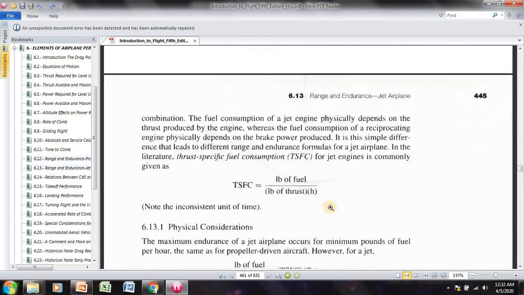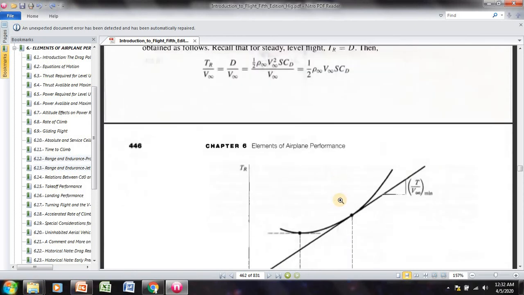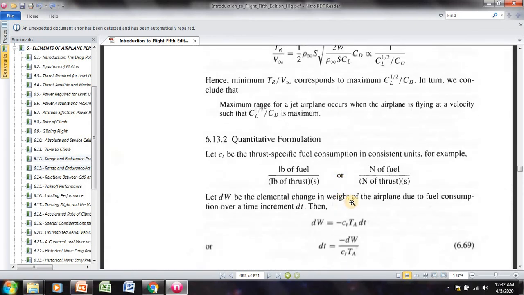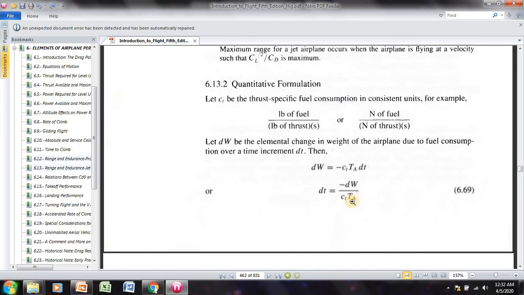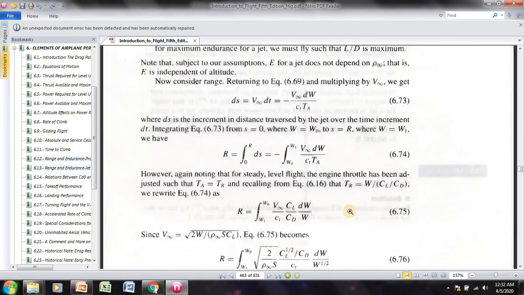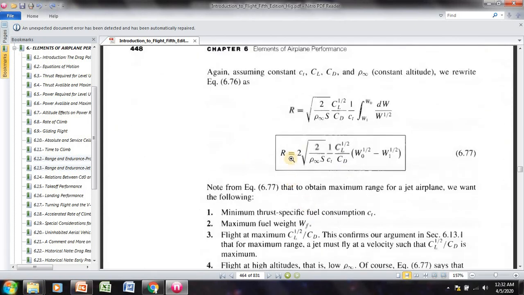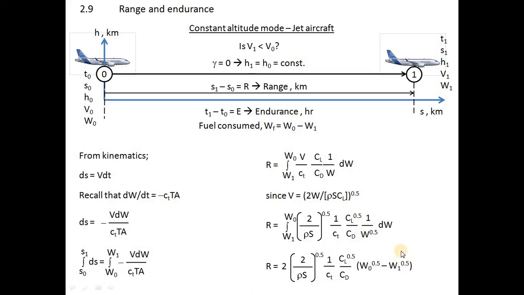For jet airplane, it's under 6.13. This is the endurance equation that I explained earlier, and this is the range equation.